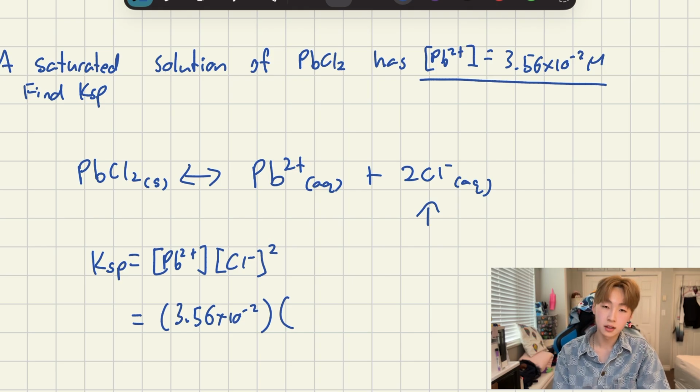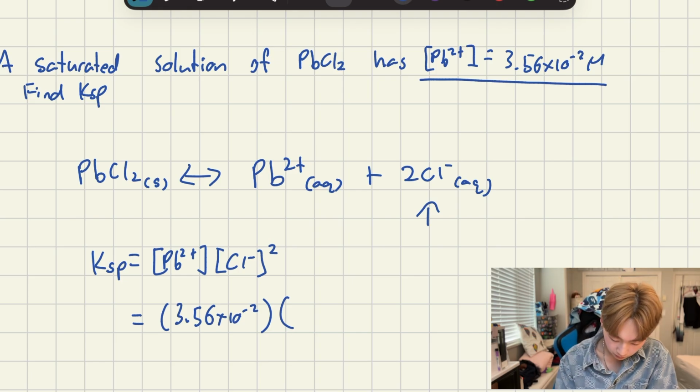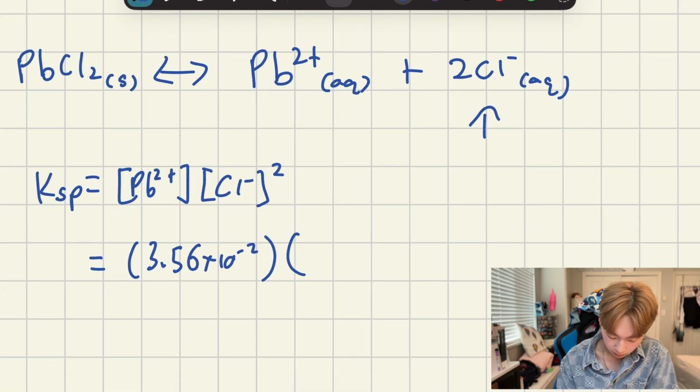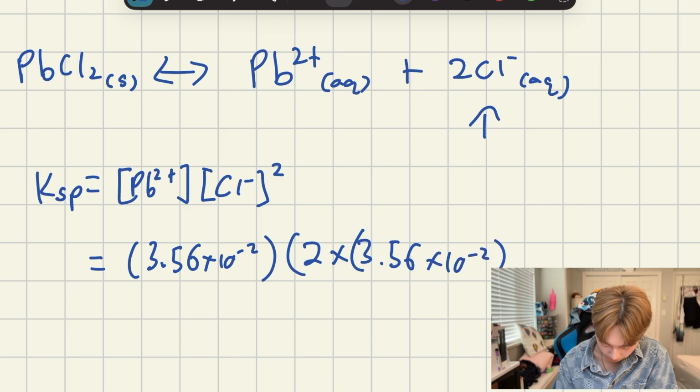So looking at our ratio here, we know that our concentration of chlorine is going to be double that of lead. So we can say it's going to be 2 times 3.56 times 10 to the negative 2, all squared. And this will give us a KSP of 1.80 times 10 to the negative 4.